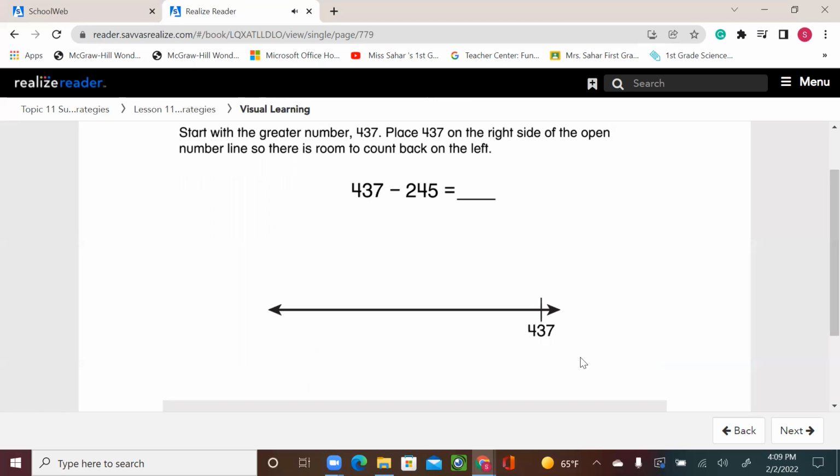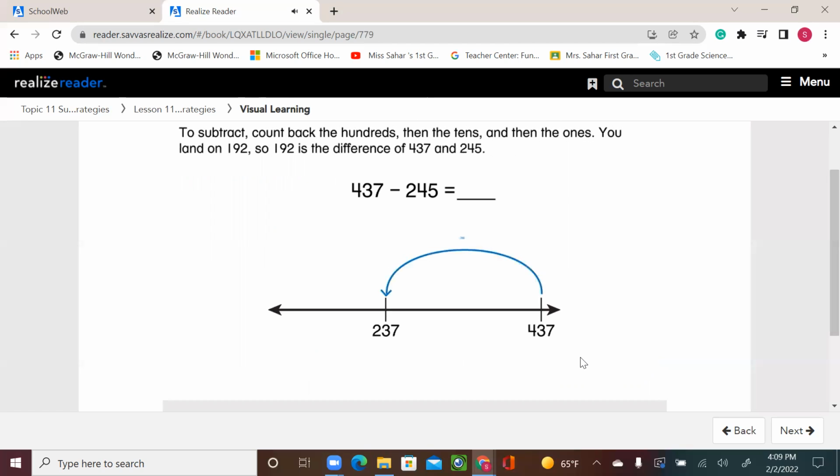Place 437 on the right side of the open number line, so there is room to count back on the left. To subtract, count back the hundreds, then the tens, and then the ones. You land on 192. So 192 is the difference of 437 and 245.